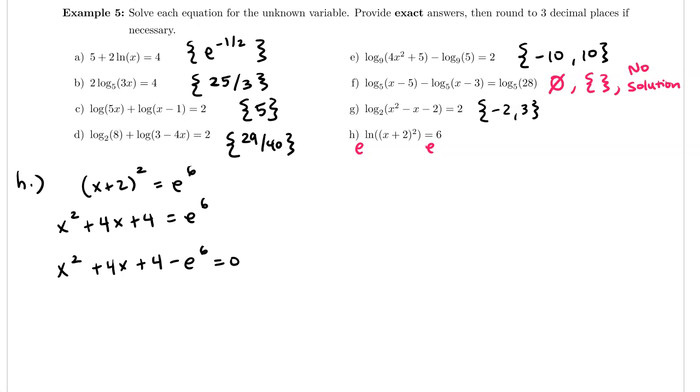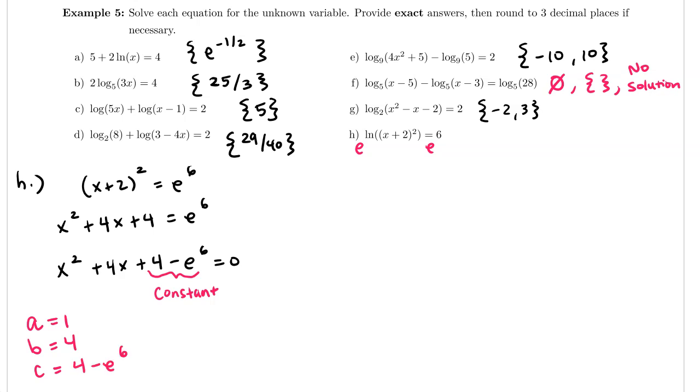And remember, 4 minus e to the 6 is a constant. Even though e is a letter, it's a constant, it's not a variable. And so this now becomes a quadratic equation, and I can use the quadratic formula. So our leading coefficient a is 1, our b value is 4, and then our c value is 4 minus e to the power of 6.